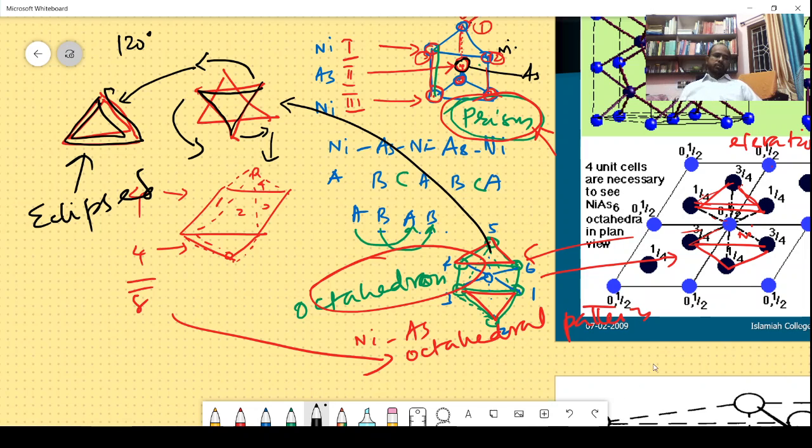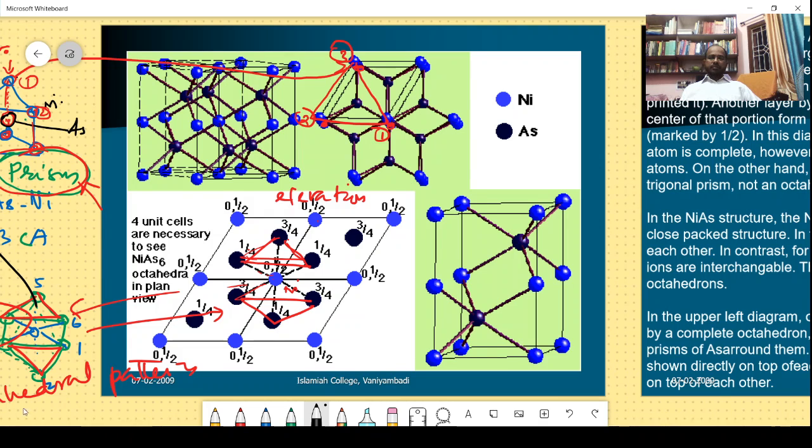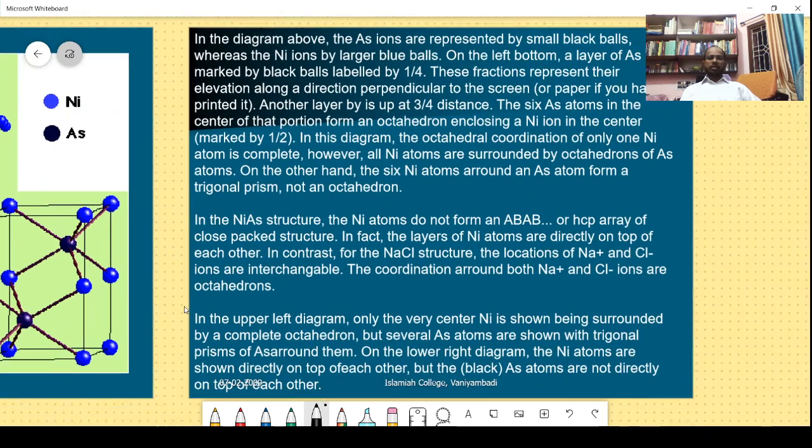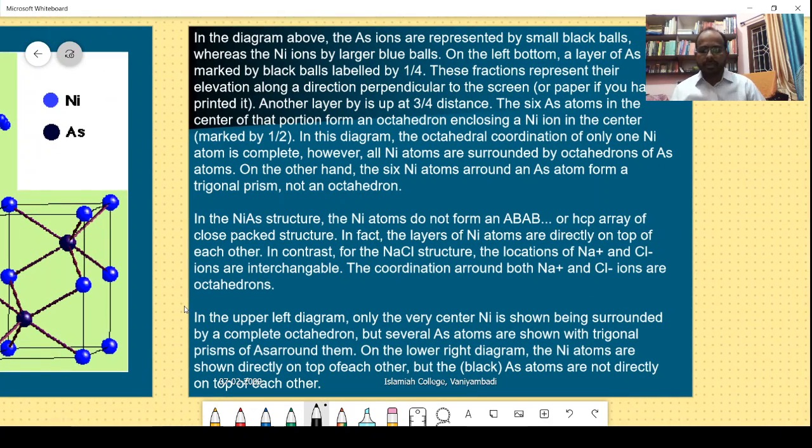and that is meant to say here. That is what is being written here. In the writing part, you are supposed to write how many atoms there are. Here, it is mentioned in this particular slide that the 1 by 4 and 1 by 2 or 3 by 4 is the direction perpendicular to the screen.